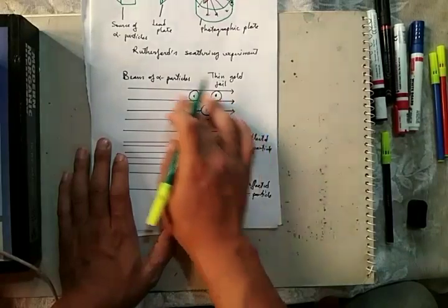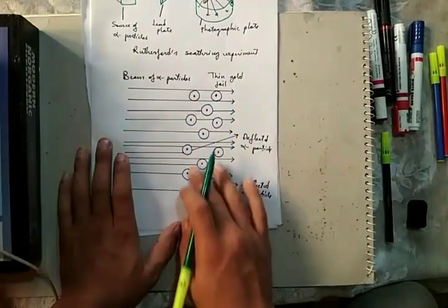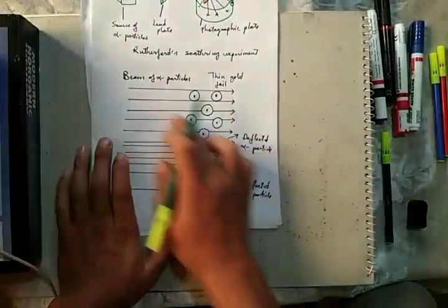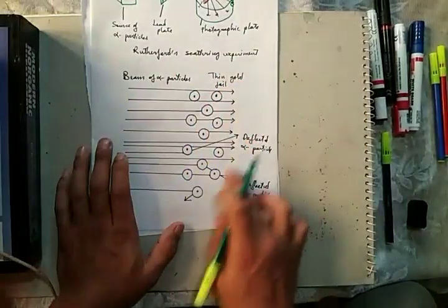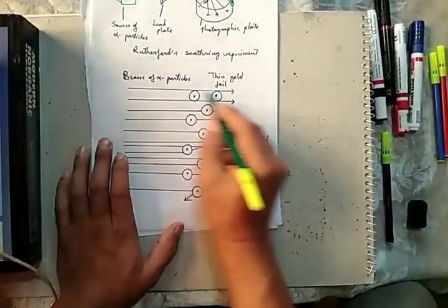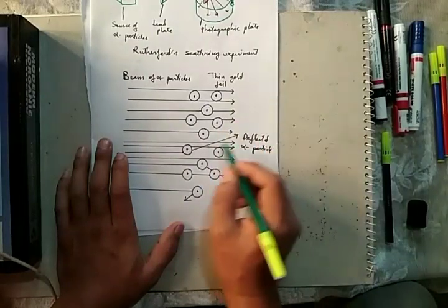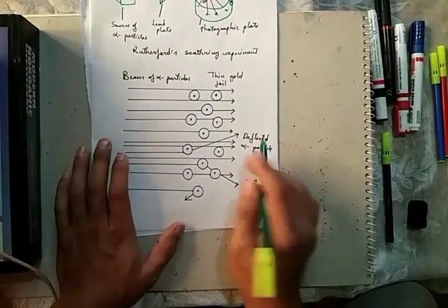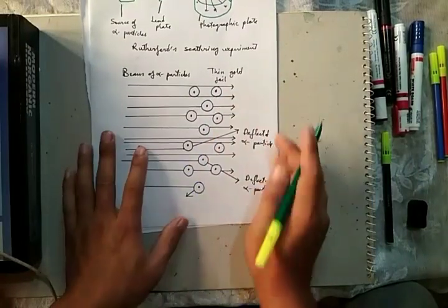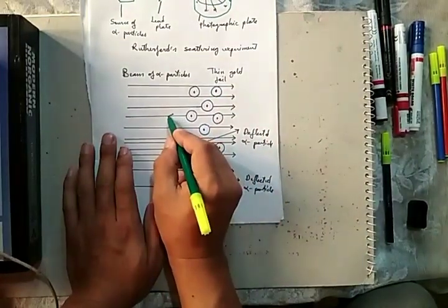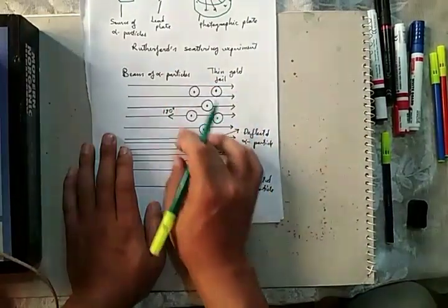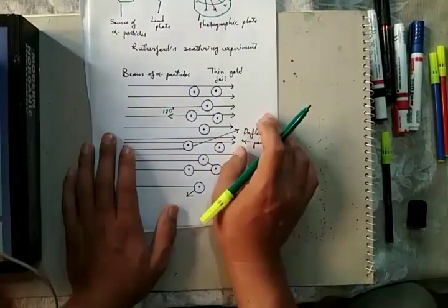Here is a schematic view of the gold foil and the beam of alpha particles striking it. Most of the alpha particles penetrated through the thin foil, some deflected a bit through a slight angle, and some deflected back 180 degrees. Only a few deflected back 180 degrees.